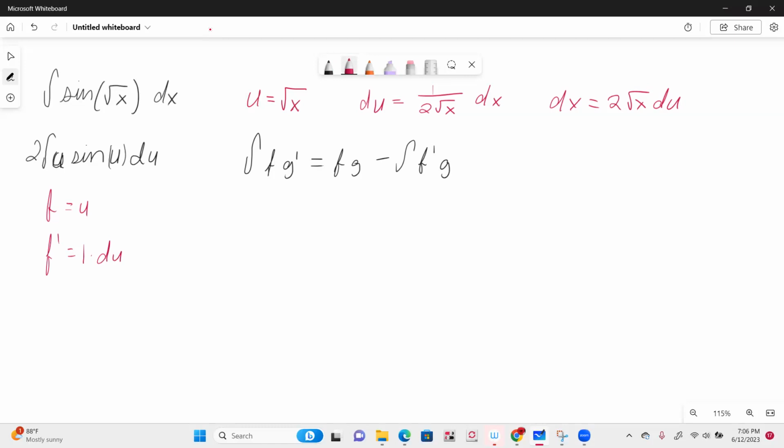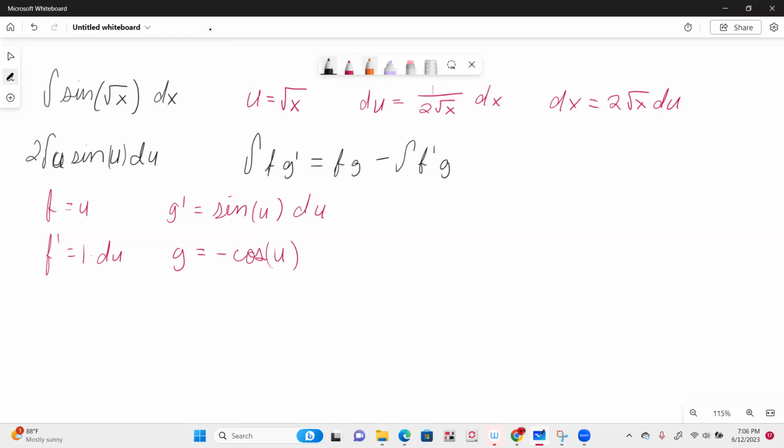And our derivative of g term is our sine u, and remember your du. And then g is the integral of this, right? We're integrating in order to get our g, and that is going to be negative cosine u.